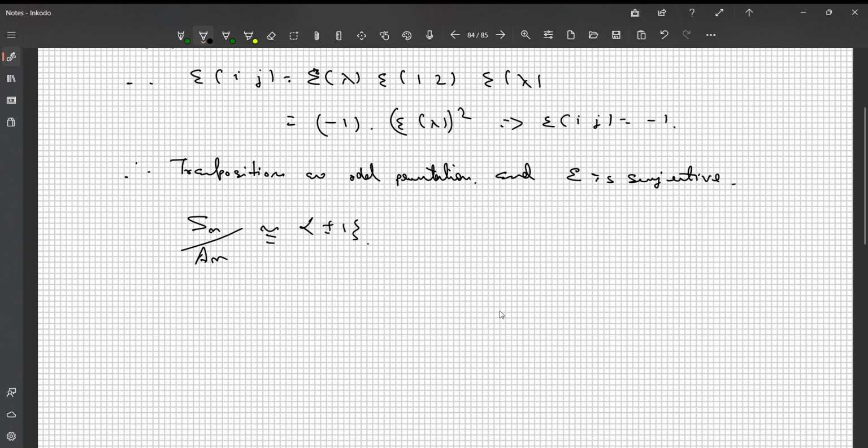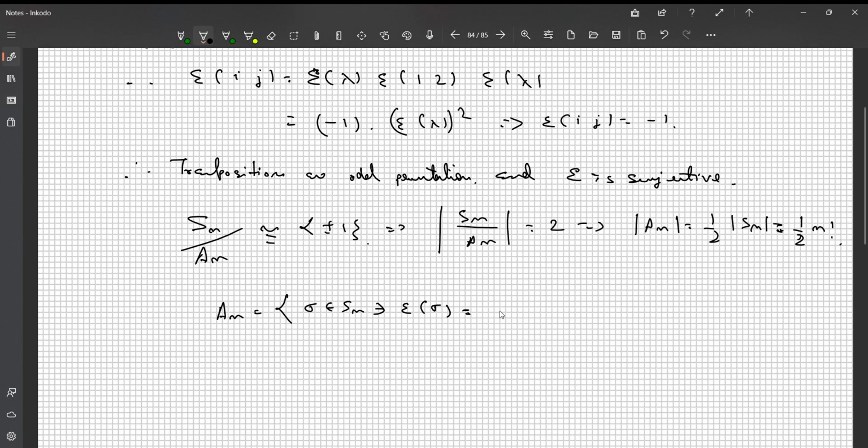Now if epsilon is surjective, then since we had Sn mod An isomorphic to the epsilon of Sn, what will be epsilon of Sn? So epsilon of Sn will be plus minus 1, right? So this implies the order of Sn mod An is 2, which implies the order of An is half the order of Sn, which equals 1/2 of n factorial.